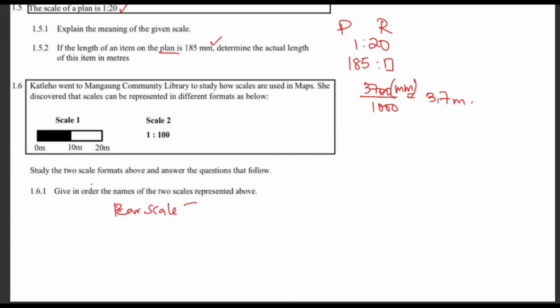We said we have a bar scale, and we also have a number scale. Under the names we have a bar scale and a number scale. Someone might say it's a ratio scale.